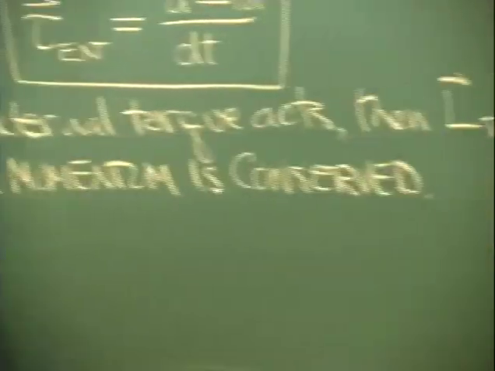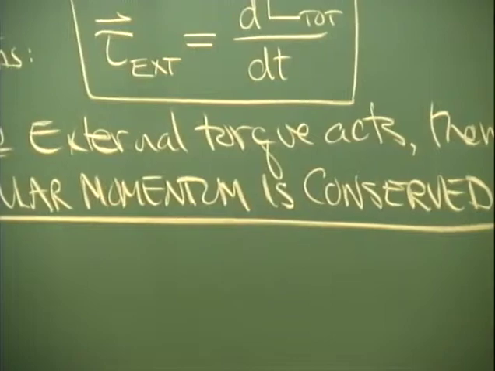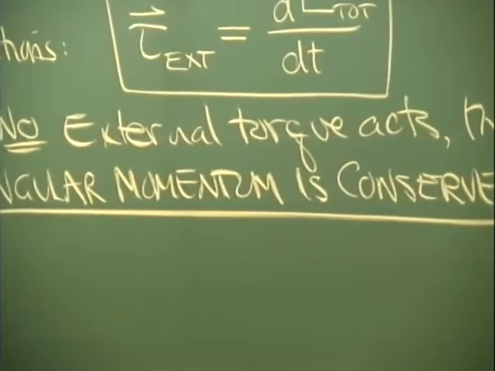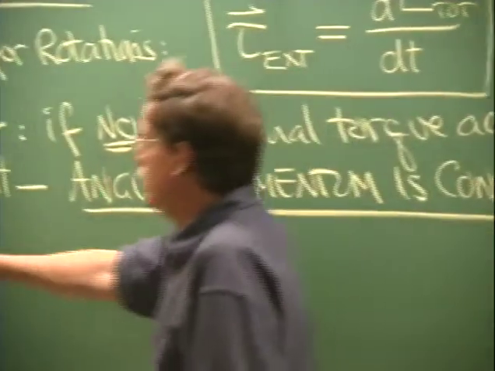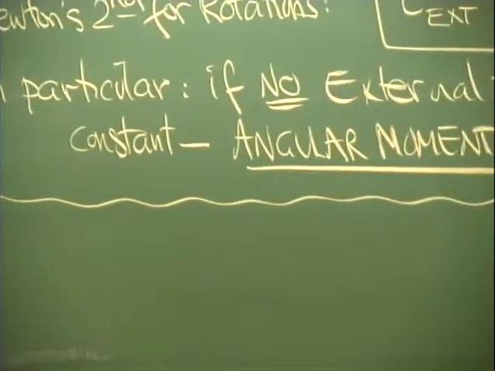That's the law of conservation of angular momentum. Remember, it applies only when there's no net external torque acting on the system, so it's not absolutely universal. But if there's no external torque acting, then the angular momentum is conserved.